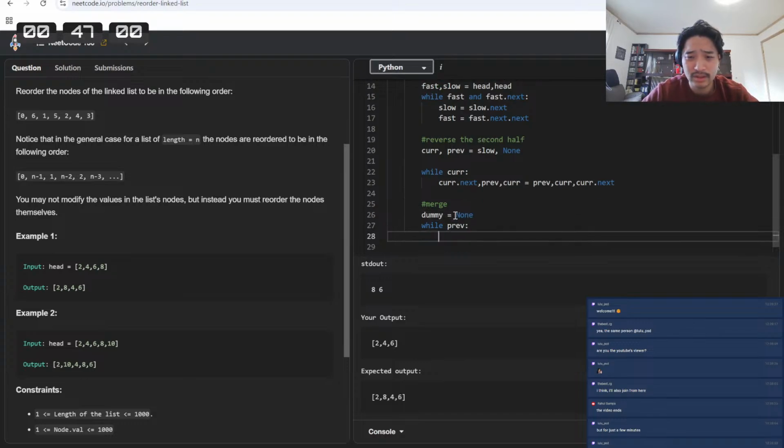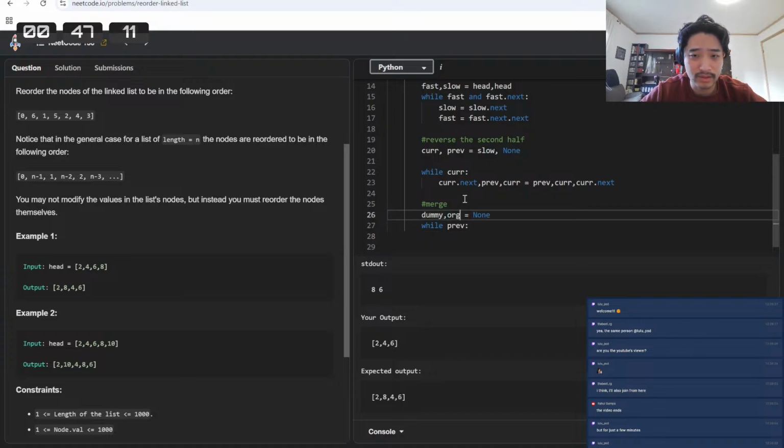So prev will first take the first element. For dummy, I don't know if this is the proper way of doing it.